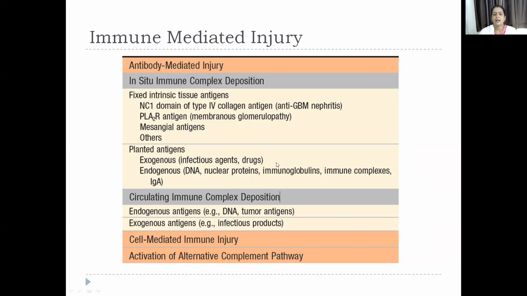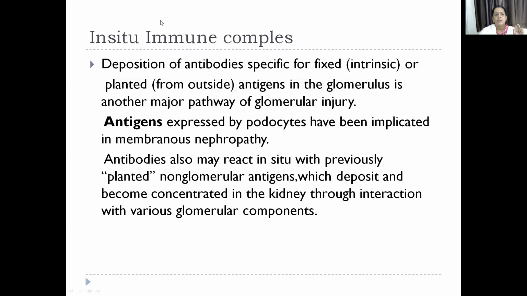This is the table which will tell you about different types of immune-mediated injury: antibody, cell-mediated, activation of alternate complement pathway. So in situ complexes are deposition of antibodies, specific or fixed. These are expressed on podocytes. They have been implicated in membranous nephropathy, already told you. And some antibodies may react in situ with previously planted non-glomerular antigens.